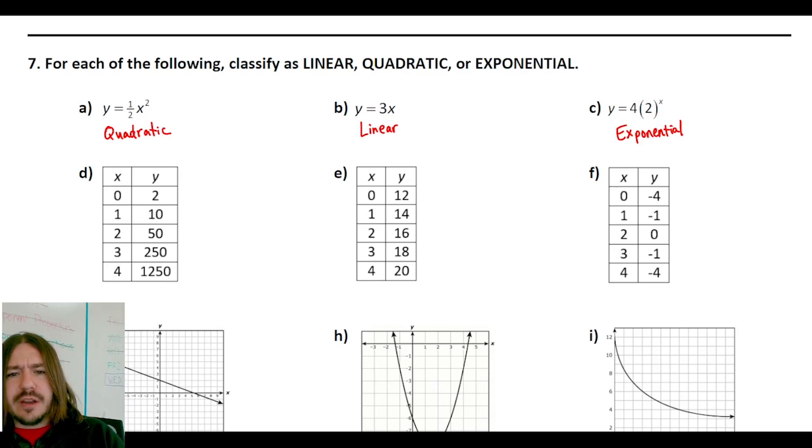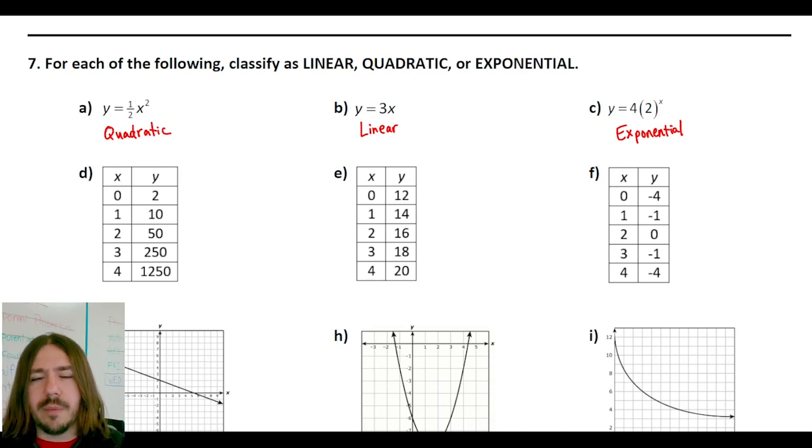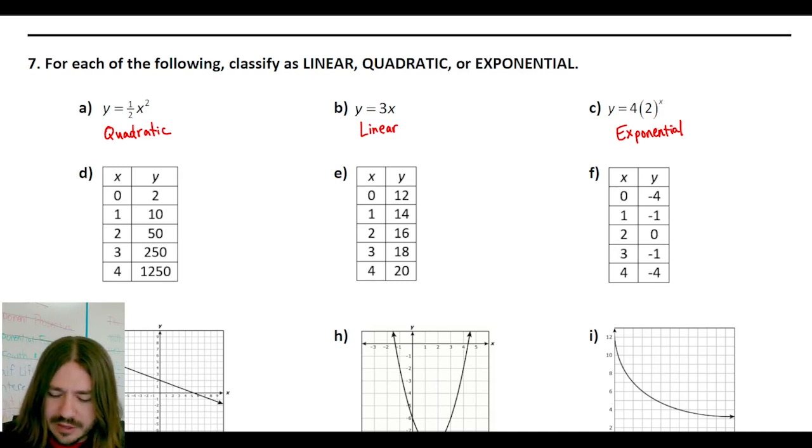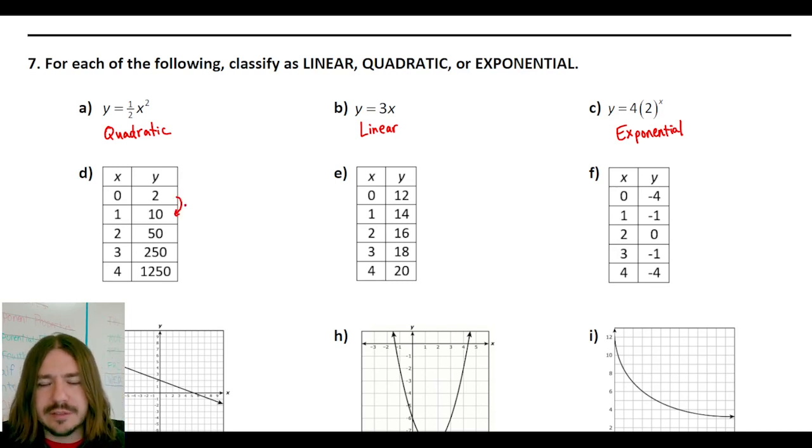Now for the tables, we've got to do a little more digging. With the equations, if you know what to look for, there's not really any arithmetic to do to figure out the answers. But with the tables, we do have to look a little closer at what the pattern is. Like with D, I'm noticing my y values, going from one y value to the next, when my x increases by 1, the pattern here is that I'm multiplying each y value by 5 to get the next one.